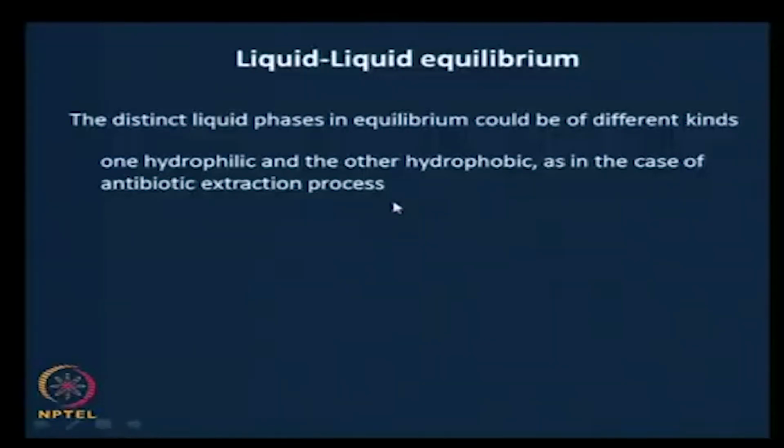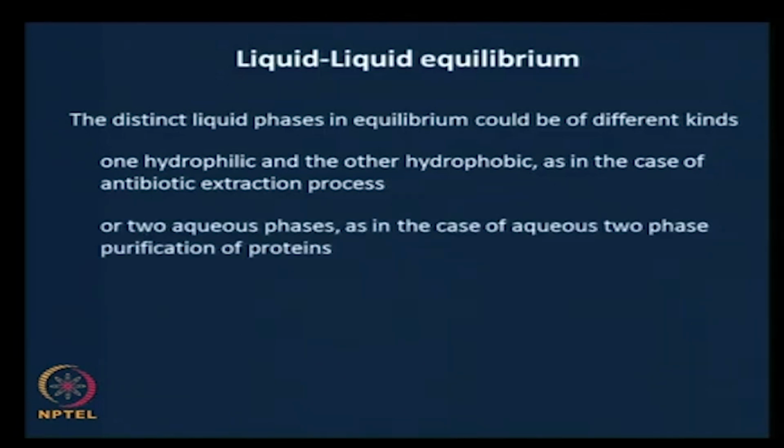That is the basic reason for using this 2 liquid process for extraction and purification of certain biomolecules such as antibiotics. So, this is one example of the occurrence of 2 liquid phases, and equilibrium conditions are the limiting conditions.